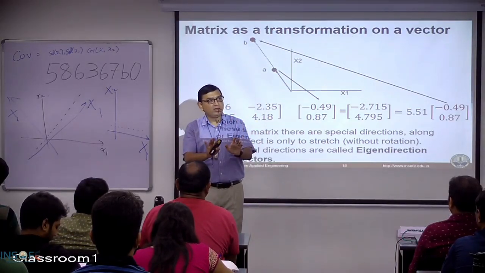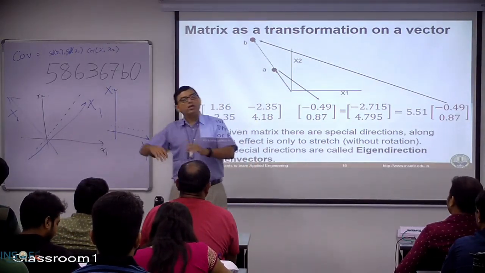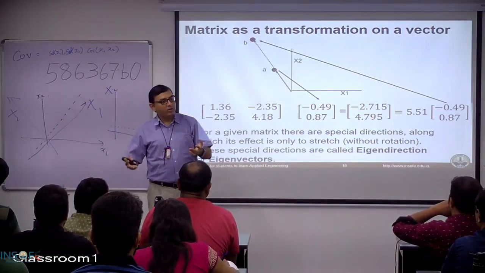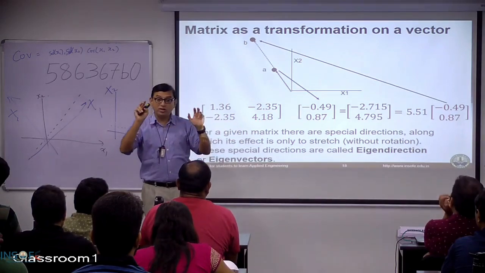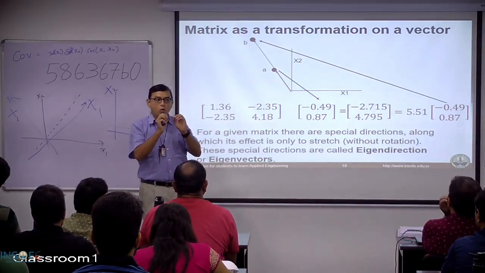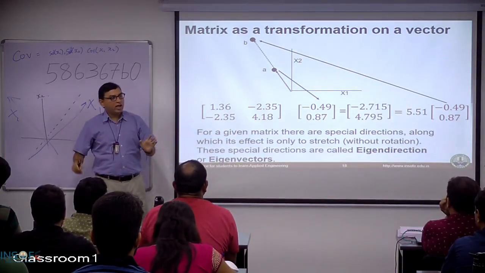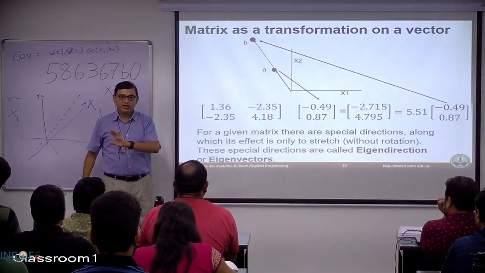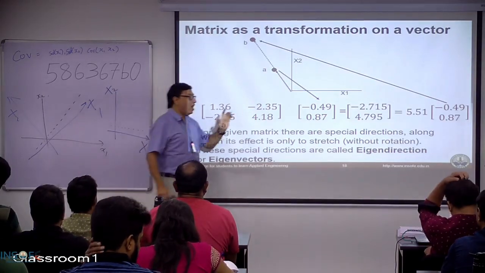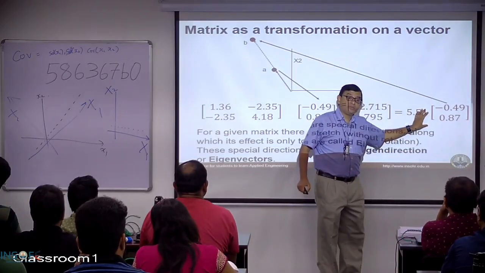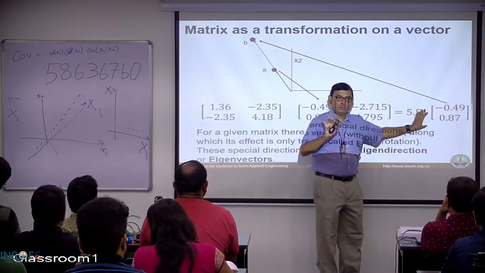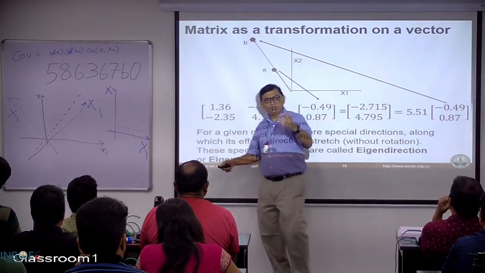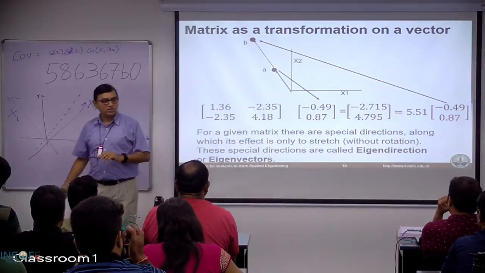If you have a different matrix, it will be a different direction, but every matrix has some special directions where there is only stretching, no rotation, and those are called eigendirections. The amount by which the stretching happens is called the eigenvalue. Clear? I hope all of these ideas are coming back.